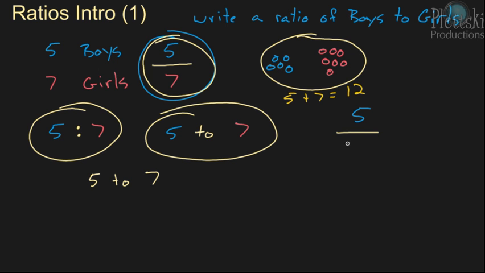So your ratio of boys to total students would be 5 to 12. And again, you could write those all three different ways. So that would be the ratio of boys to total students. So total students in the class.